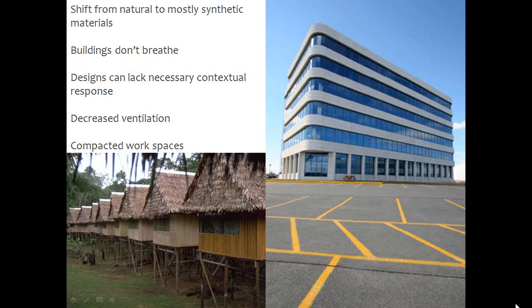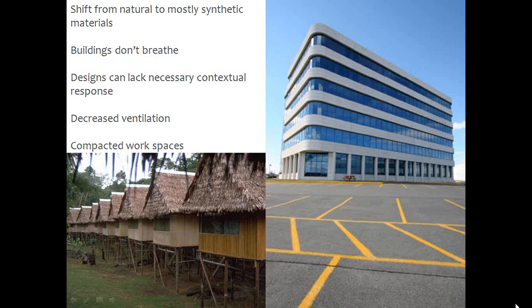Well, and this building on the right is a really great example of what we typically see in the United States and developing countries today. A multi-story building composed mostly of glass sitting on an asphalt parking lot with no green space around it.